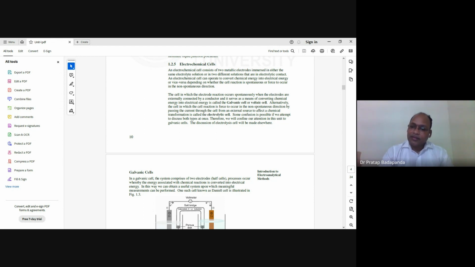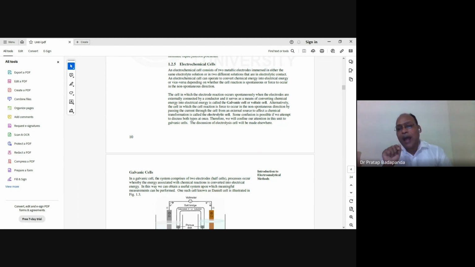The cathode will behave like anode, and the anode will behave like cathode. Zinc was the anode in the galvanic cell, but when the external volt is more, zinc will not behave as anode, it will behave like cathode. Copper will behave like anode.